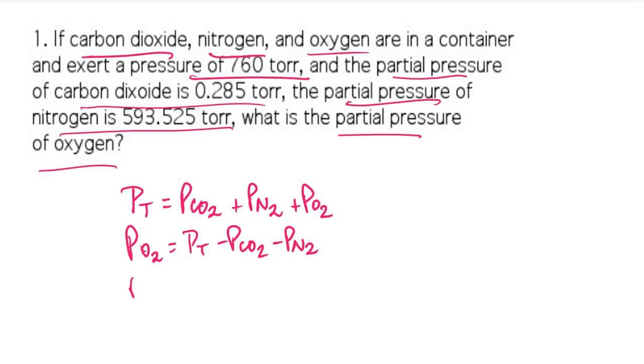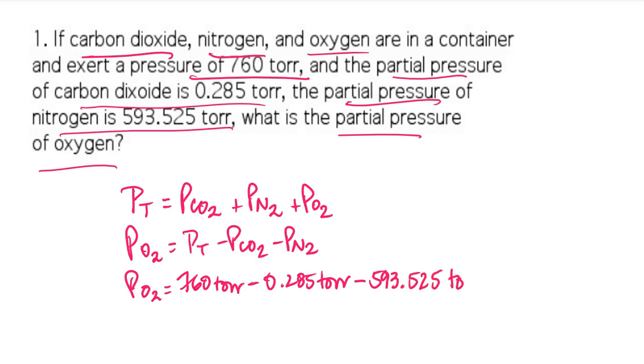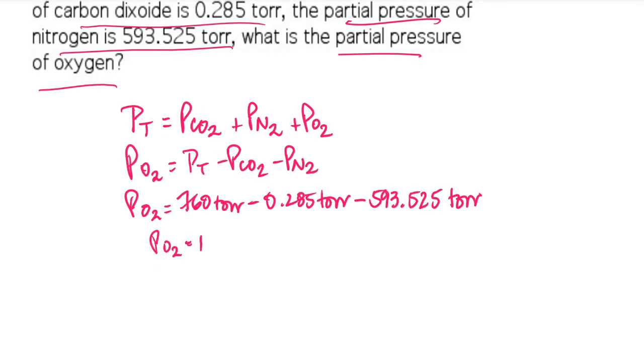Substituting into this equation, I would get 760 torr minus 0.285 torr minus 593.525 torr. Okay, and if I actually do this math, then basically I get 166.19 torr, and if I round, then I get 166 torr.